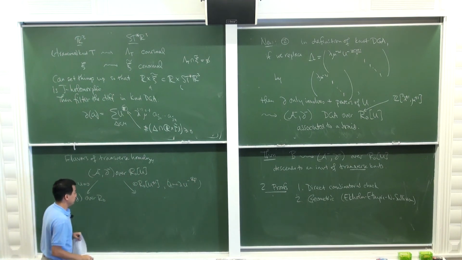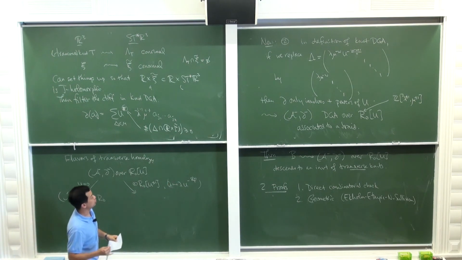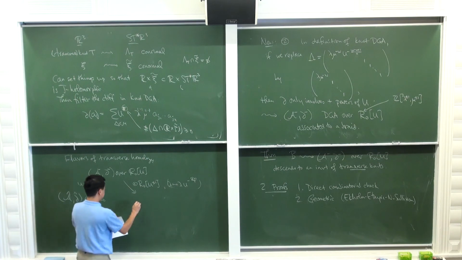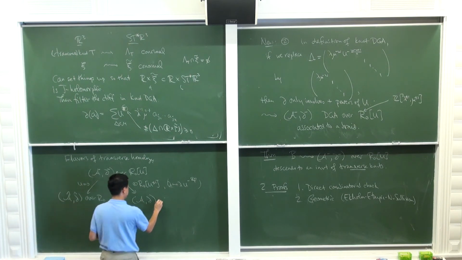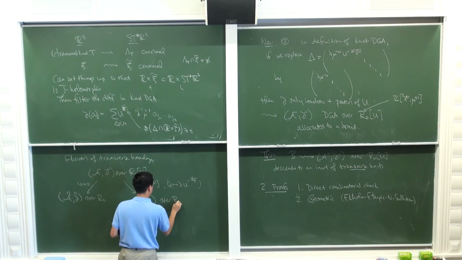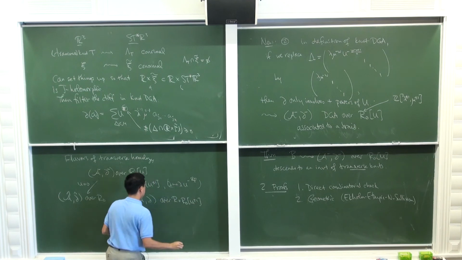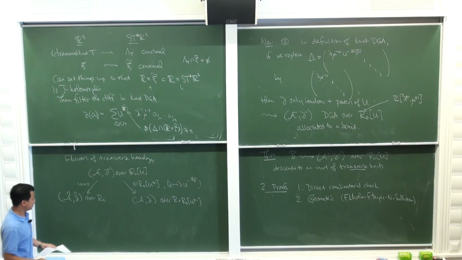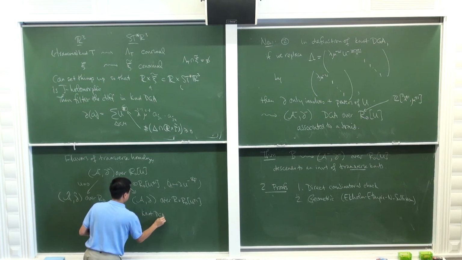You have to reparameterize lambda a little bit to get rid of that, and basically undo what I just did up there. And you end up with a DGA over this. And this is precisely what we've been talking about this whole time. So this is the knot DGA.